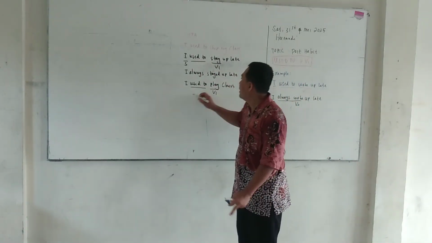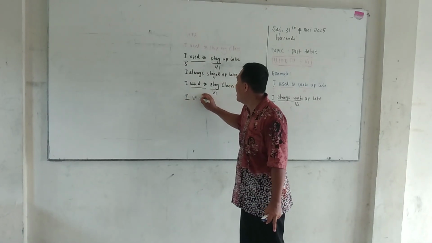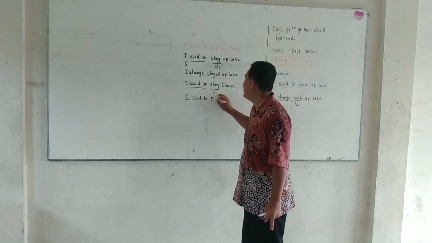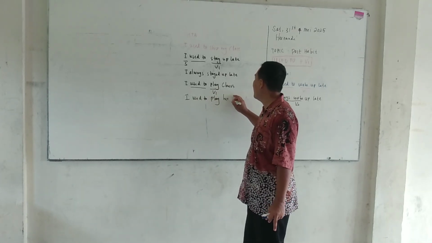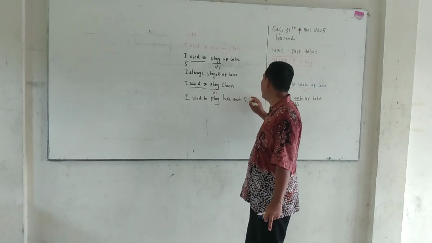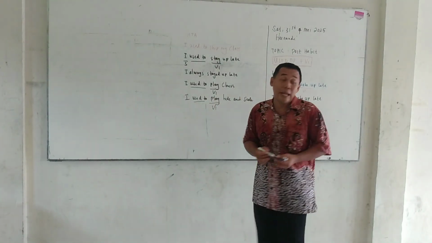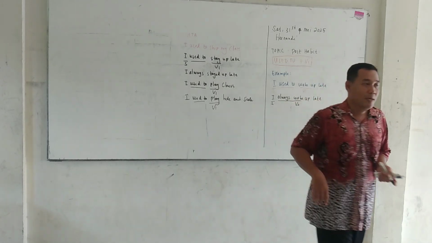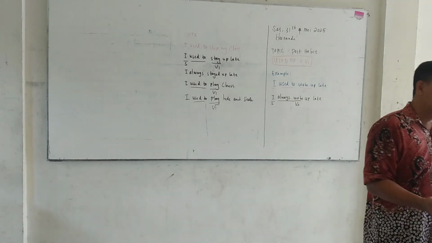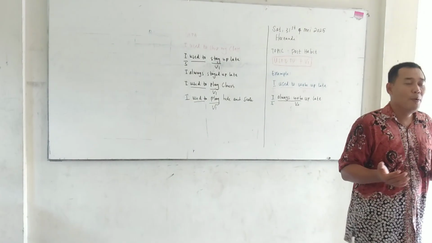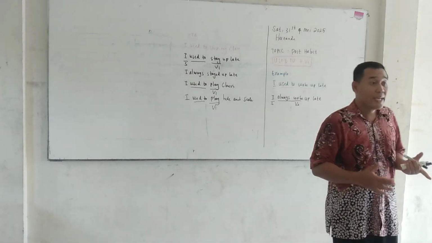Okay, from Azahra, I used to play hide and seek. Used to, this one is play, the verb one. Okay, that's how we talk about past habit by using used to.